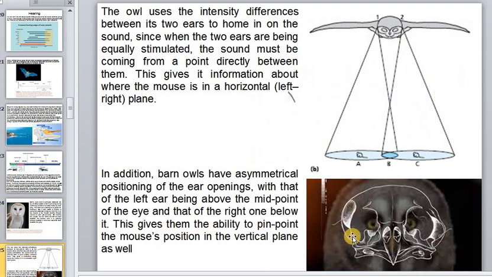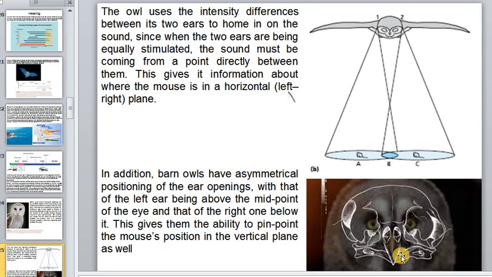In addition, barn owls have an asymmetrical position of their ears. Here we see on the skull, the left ear being above the midpoint of the eye, and the right one below it.